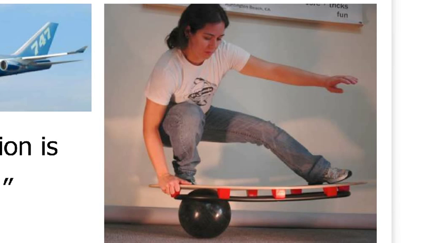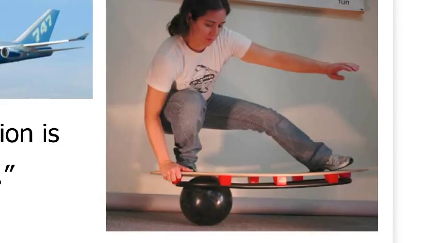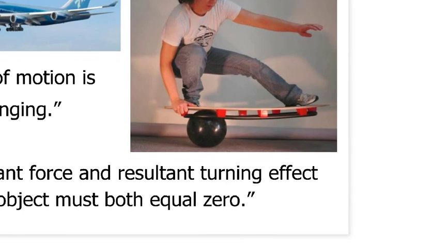I'm not sure if this is for skateboarding, possibly for surfing, but anyway, she's practicing her ability to maintain her balance. She's got this special board balanced on a ball, and she's keeping her center of mass in place. We'll talk about center of mass later, but she's keeping herself centered so that there's no motion. She's stationary.